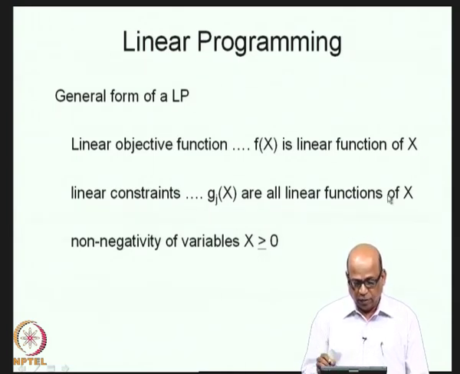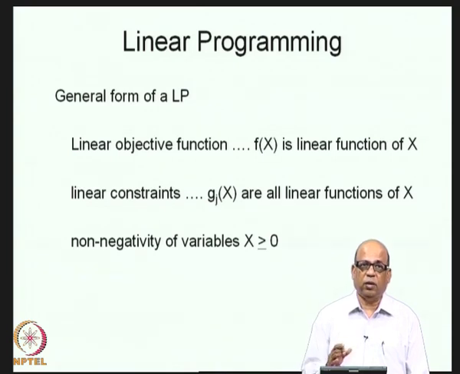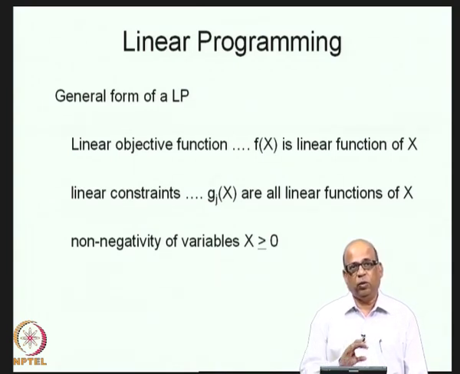And also, as I mentioned, you may have certain situations where your equations are not linear functions, they may be non-linear functions of the decision variables, in which case we adopt what are called piecewise linearization techniques or linearization techniques to convert the non-linear functions into linear functions for use in linear programming.